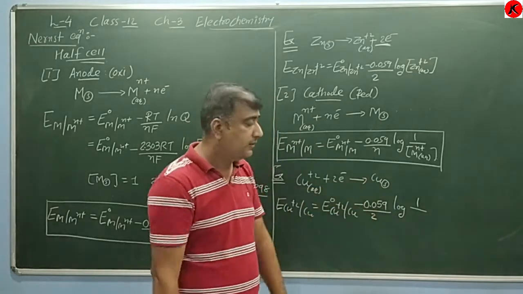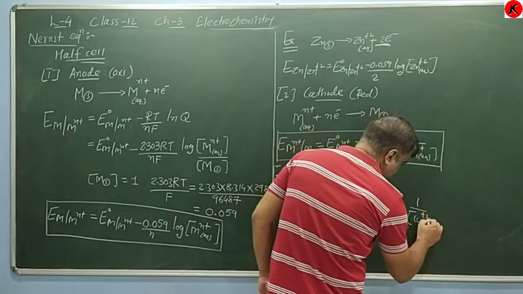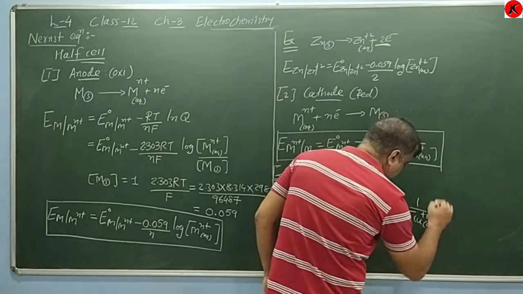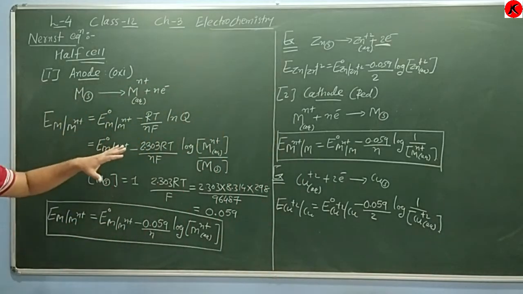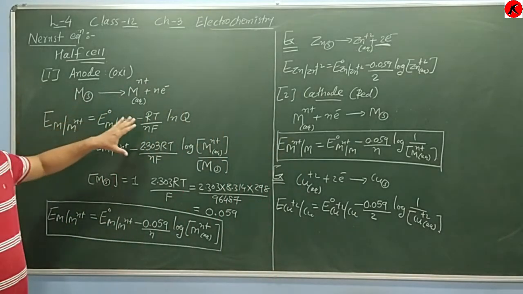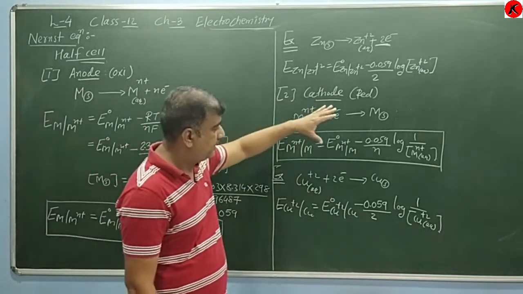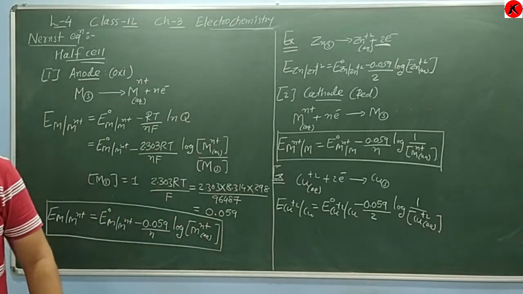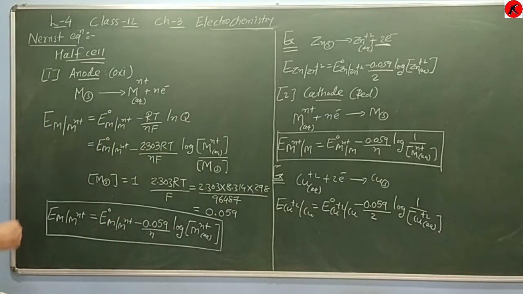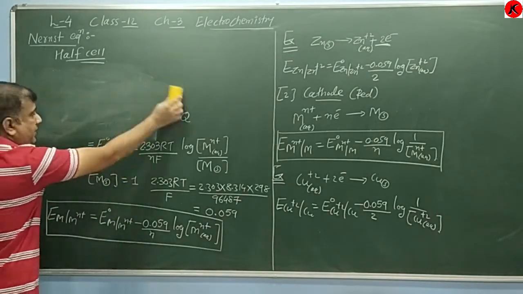Cu solid concentration is 1, so it is 1 divided by Cu2+ aqueous. This is the Nernst equation for a half cell when it acts as an anode and when it acts as a cathode. Now we will see how to write the Nernst equation for the complete cell.